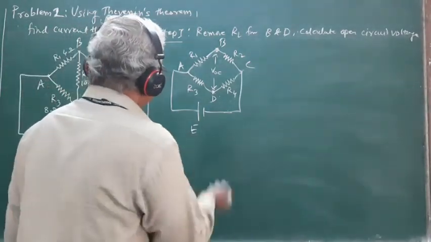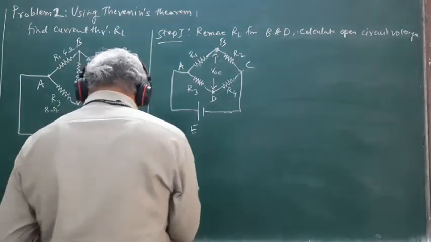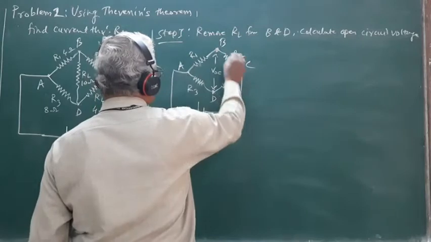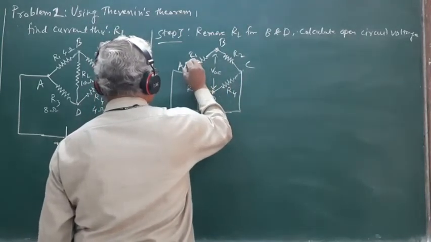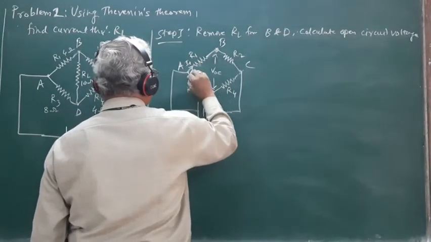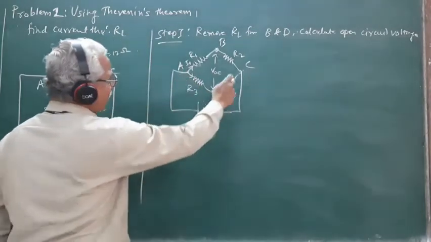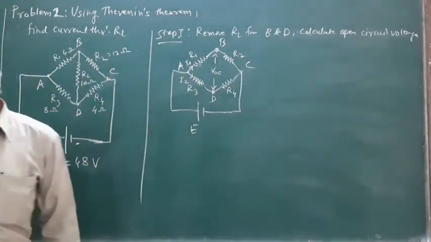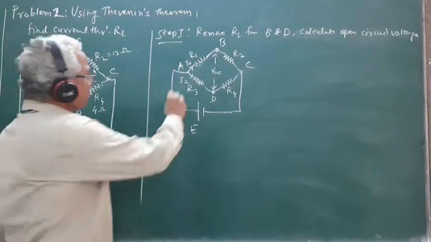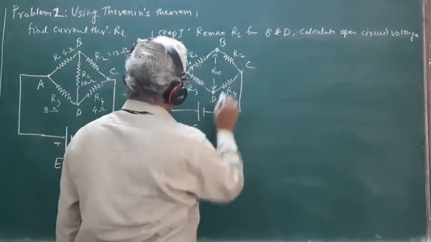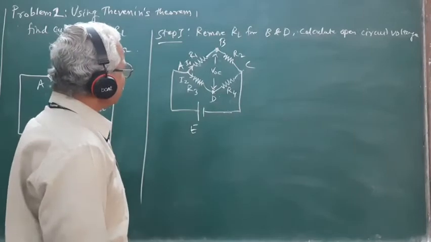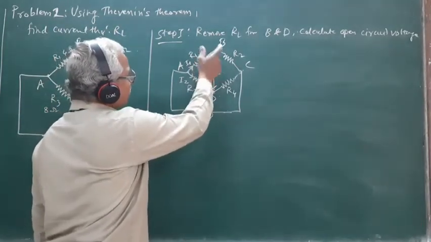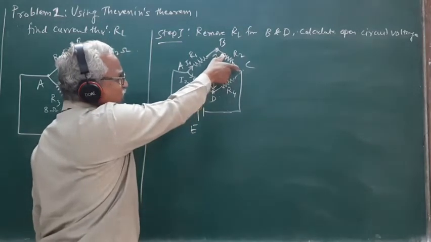So, let I1 be the current flowing through this first branch ABC, and the current flowing through the branch ADC be I2. Now, when this current I1 flows through the branch ABC, a certain potential drop will be developed across R1, and a certain potential drop across R2.